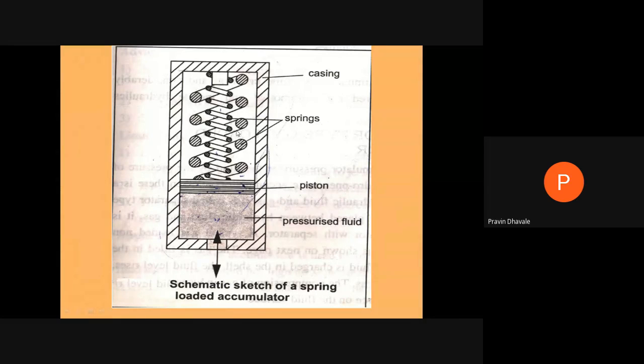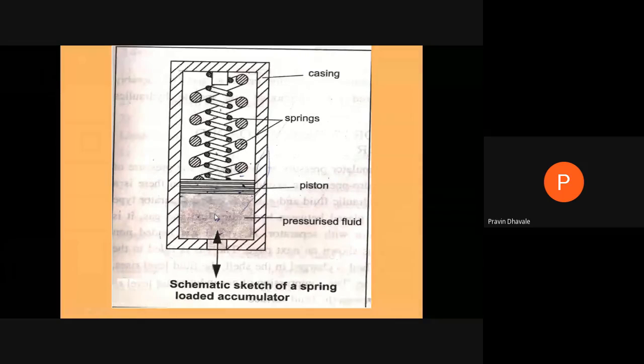So whenever the actuator requires the pressurized fluid, at that time this pressurized fluid will be supplied to the actuator.